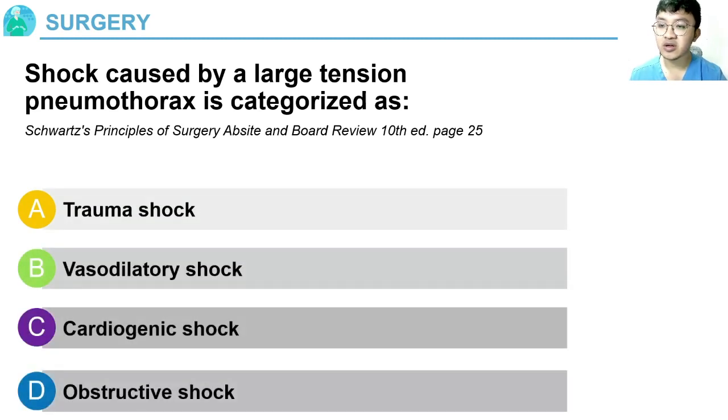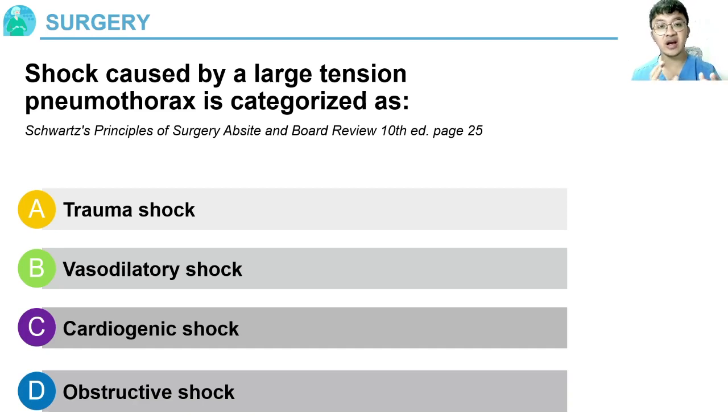Next, shock caused by a large tension pneumothorax is categorized as A. Trauma shock, B. Vasodilatory shock, C. Cardiogenic shock, or D. Obstructive shock. As we've discussed, in a large tension pneumothorax the mediastinum is shifted and rotates.